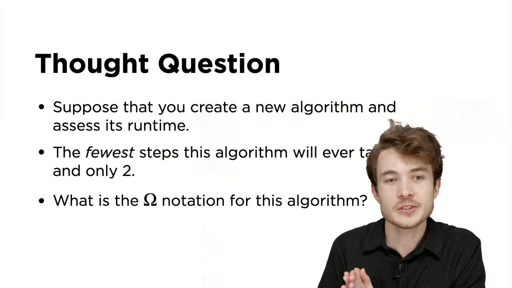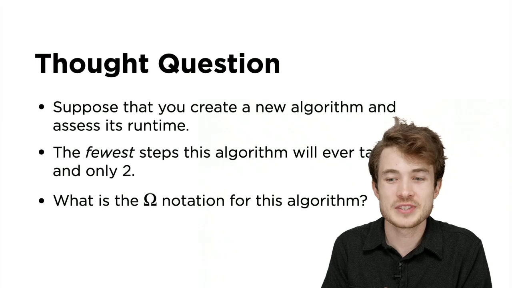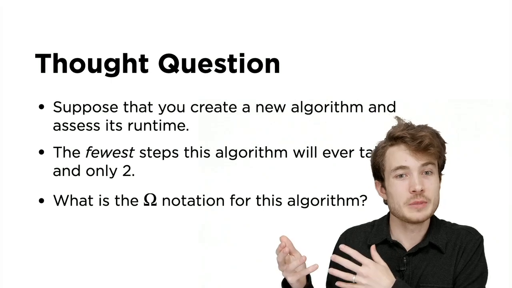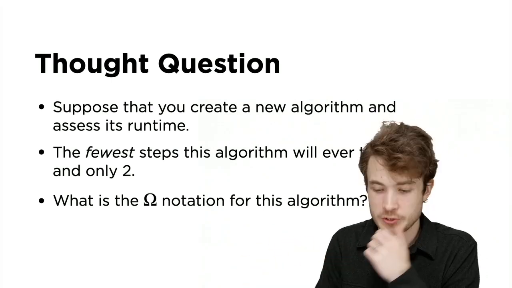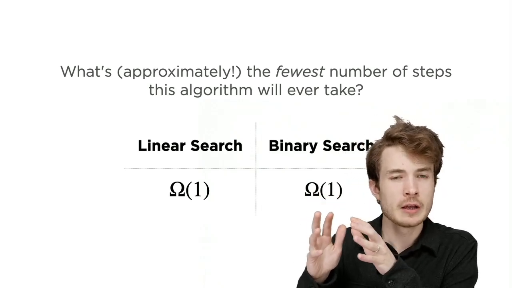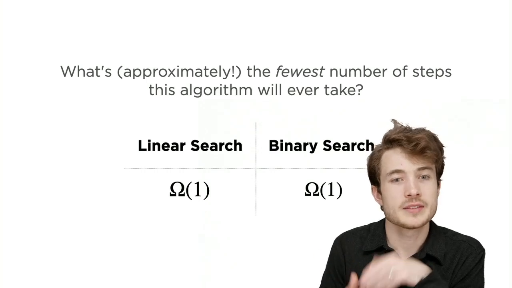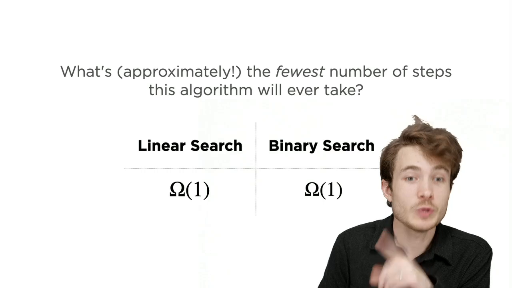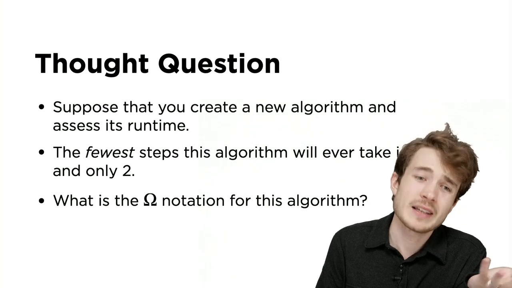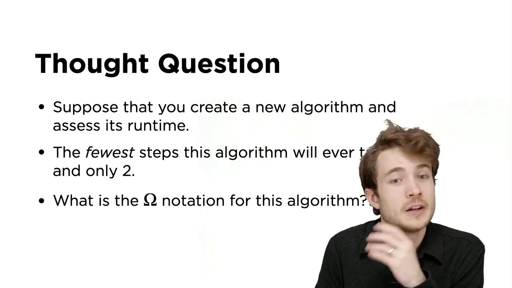I'm seeing a few answers here, which is actually what I had hoped for. So I'm seeing some saying it would be omega of 1, and some saying it would be omega of 2. So if we go back here, maybe we wouldn't have omega parentheses 1, but we instead have omega parentheses 2. And I think it's a good intuition. Like if you know that the best case will take you 2 steps, it kind of just makes sense to write omega of 2.